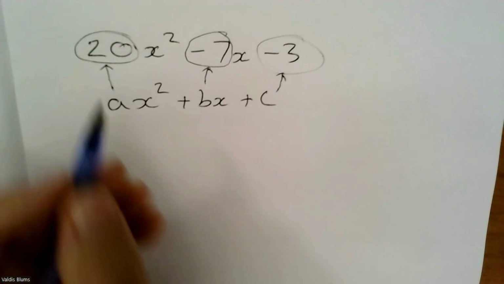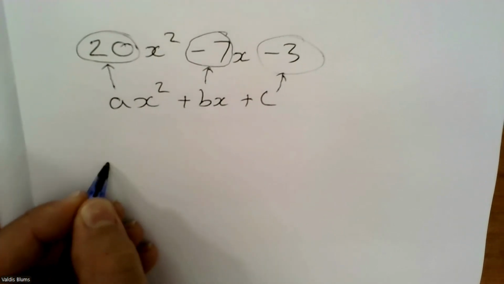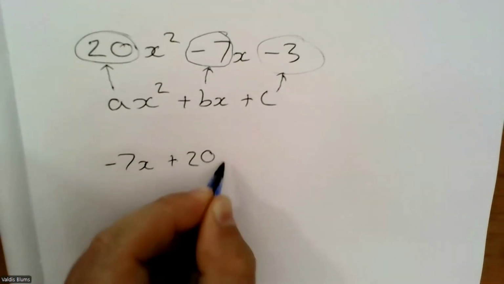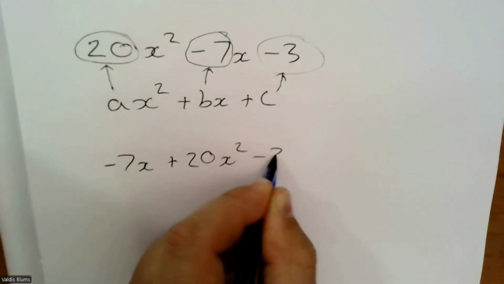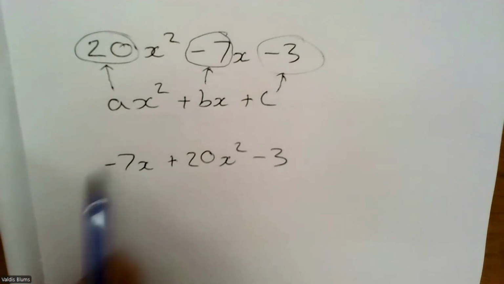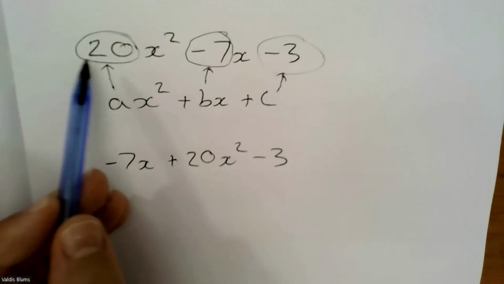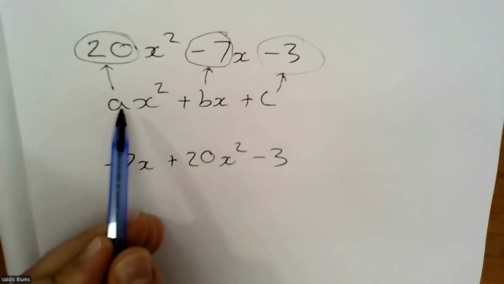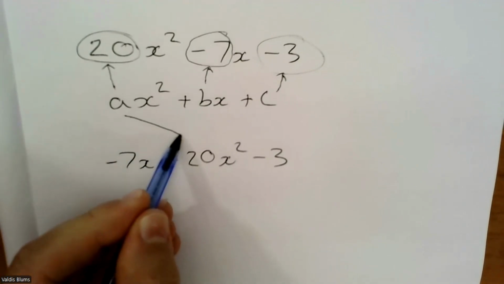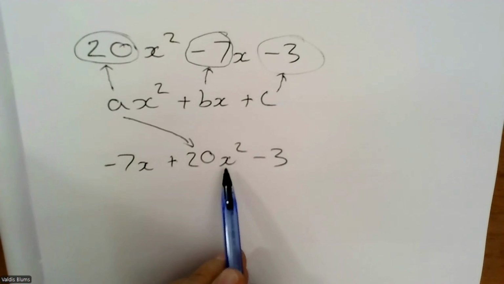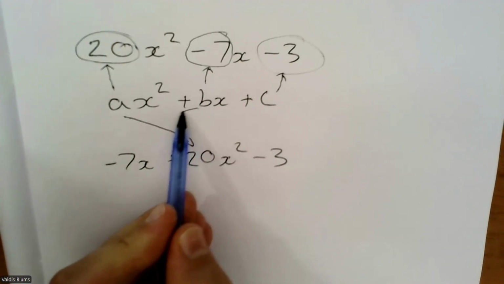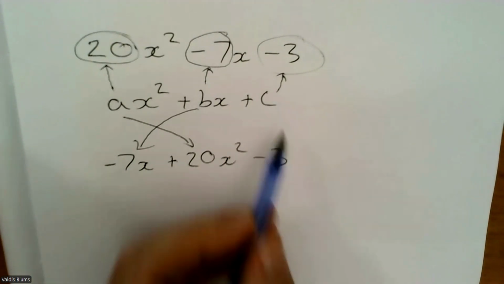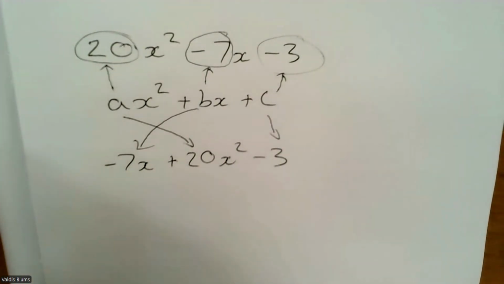Even if this equation is written in the form of -7x plus 20x squared minus 3, I would highly suggest rewriting it back into this ax squared plus bx plus c order, because your A coefficient is always going to be the coefficient in front of the x squared. Your B is always going to be the one in front of x to the power of 1, and your C is always going to be the independent.